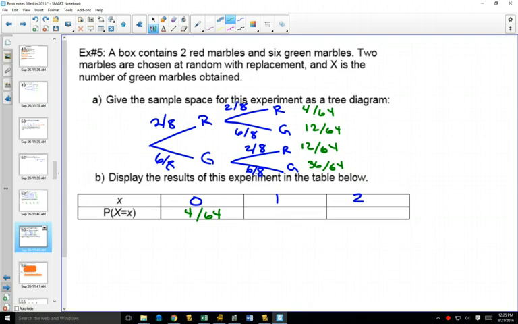So when we write it in the chart, there's 24 out of 64 chances of getting 1 green marble. And finally, the chance of getting both of them green is 36 out of 64.